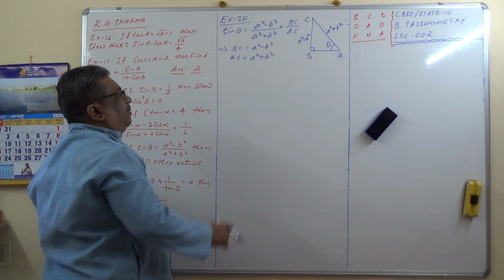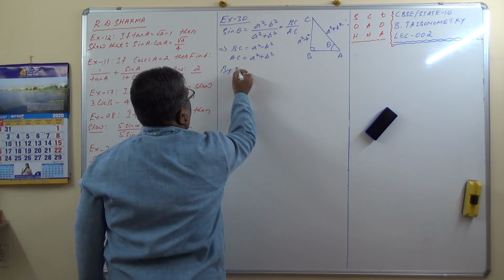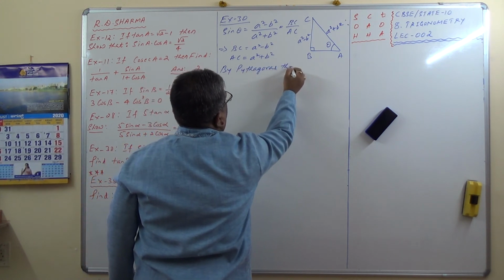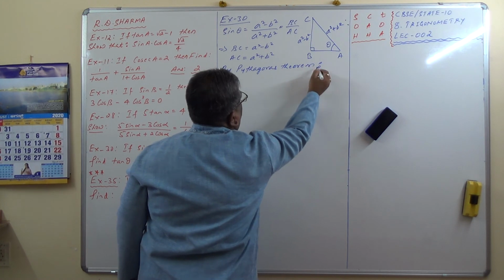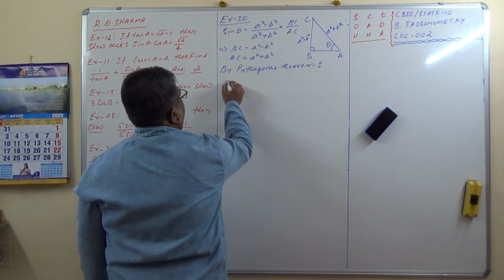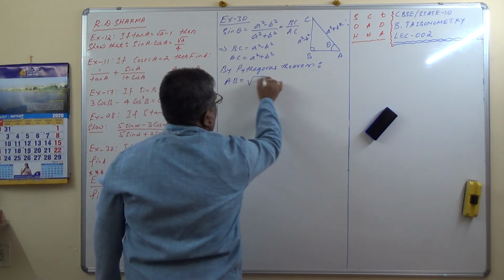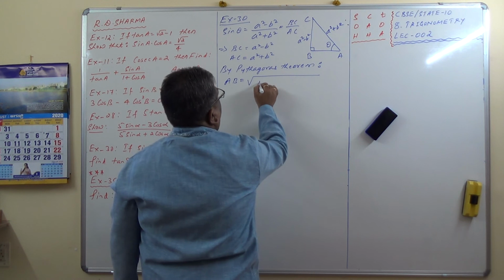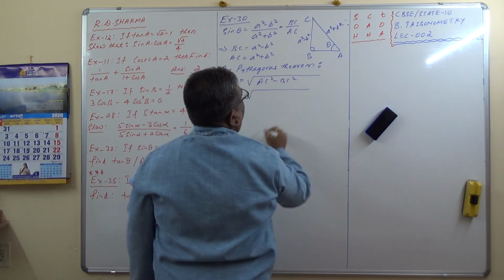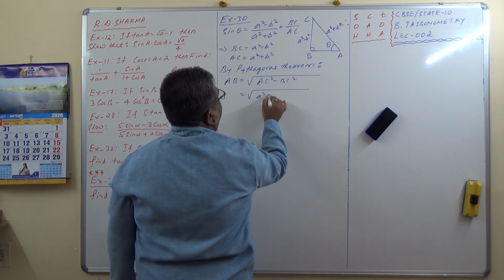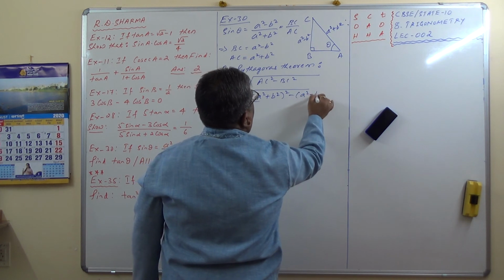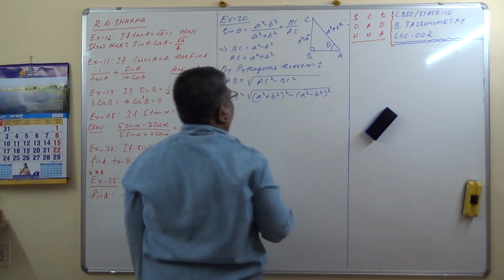Now we have to find out AB here by Pythagoras theorem. AB equals under root of AC square minus BC square, which is a square plus b square, the whole square, minus a square minus b square, the whole square.